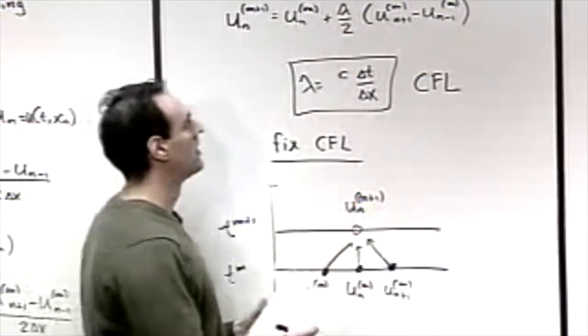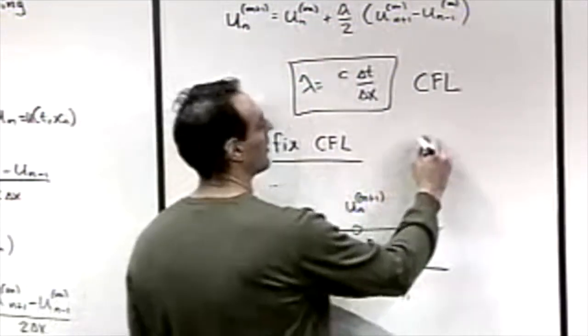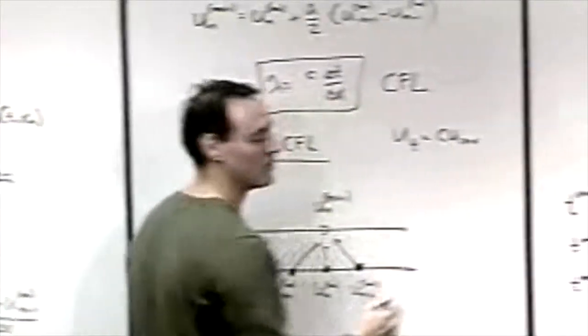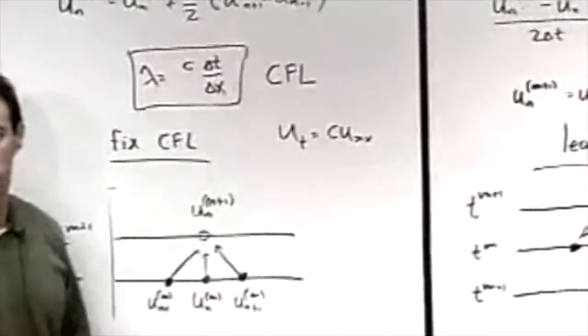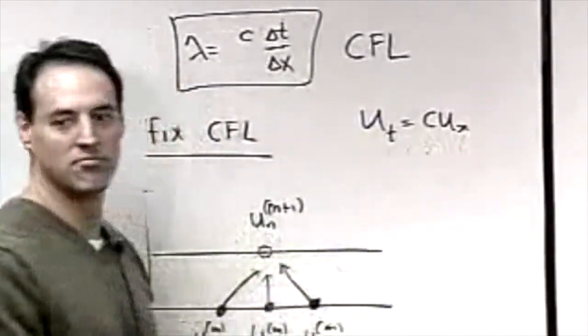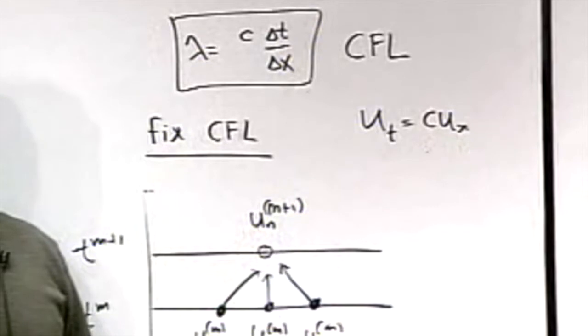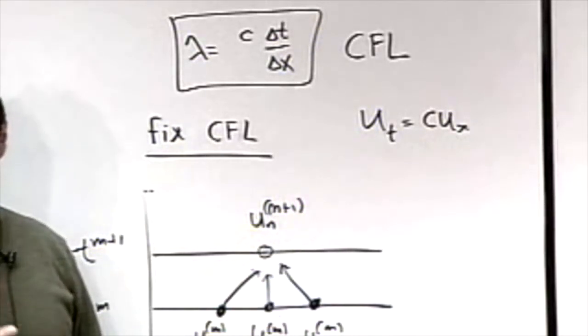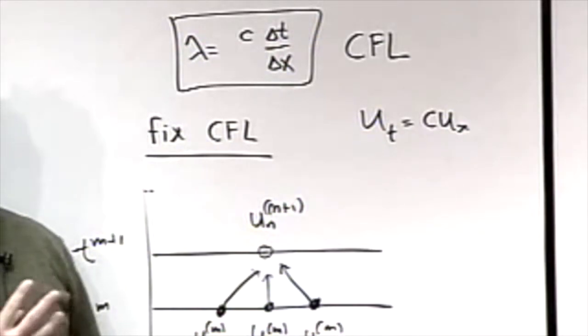So in other words, if you were to develop a scheme like this for that equation, works great. No problems. But for that equation, blows up. We're going to talk about the stability of these in the next couple lectures, why that is.